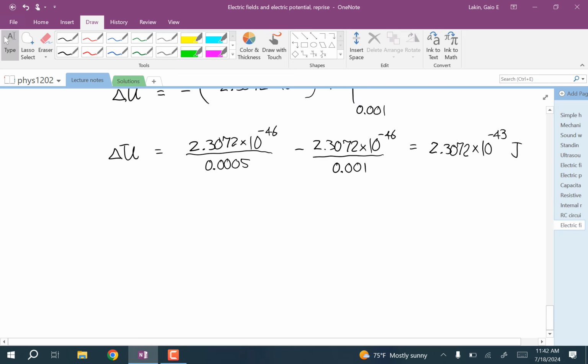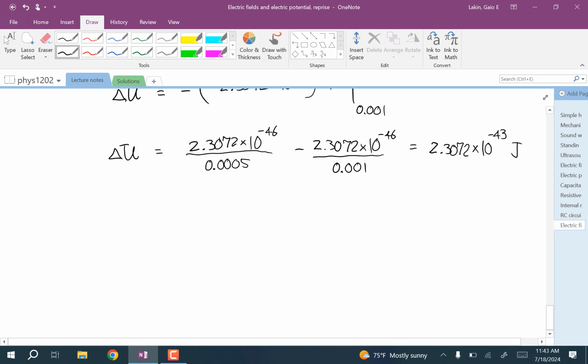Now, in the assigned problems, I'm going to have you do stuff very much like this. I'm also going to have you do calculations where you go from the electric field to the electric potential. That's all of this same stuff, but just without multiplying by the moving charge.